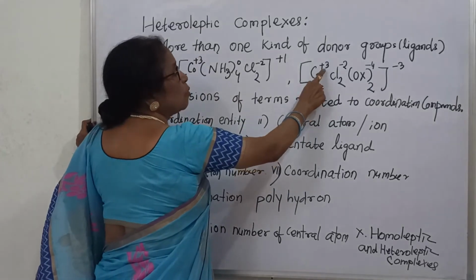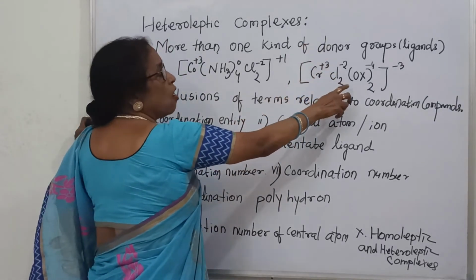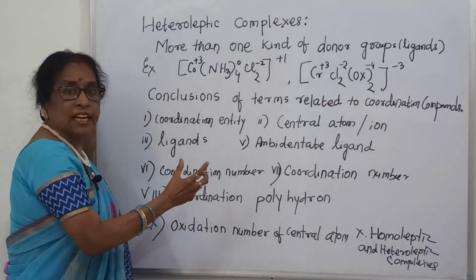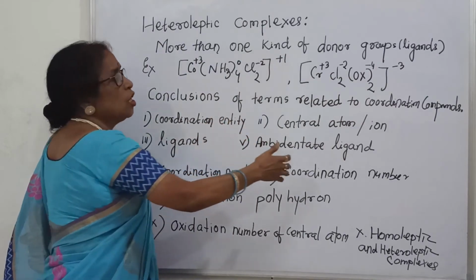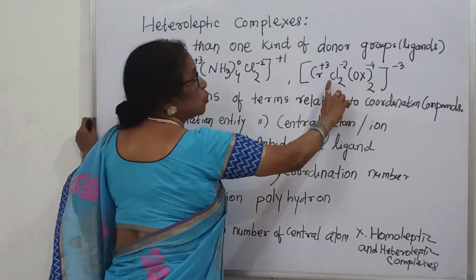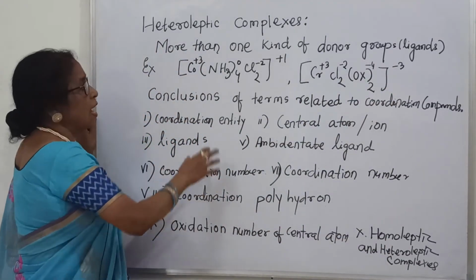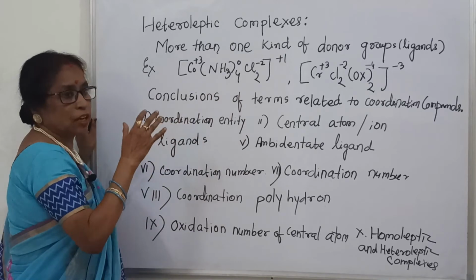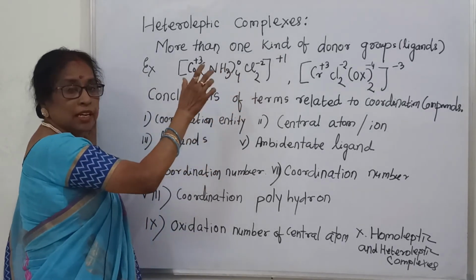And here chromium is +3, chloride is 2 times, so -2, and oxalate, that group is a didentate ligand, so 2 into 2, and oxalate has -2 charge, so 2 into -2 is -4, and in total it comes to -3. That means it is an anionic complex, and both are called heteroleptic complexes because here ammonia and chloride, two types of ligands, are present.